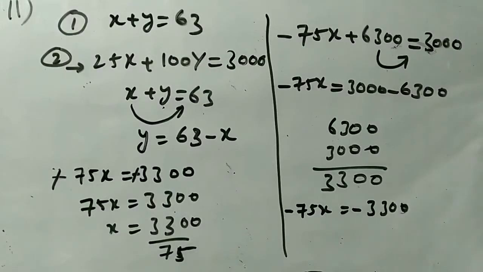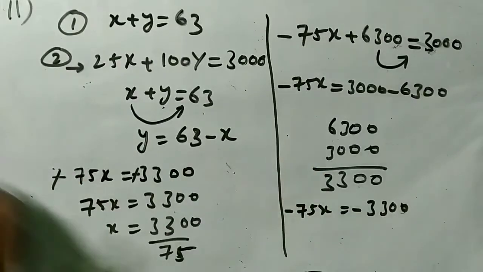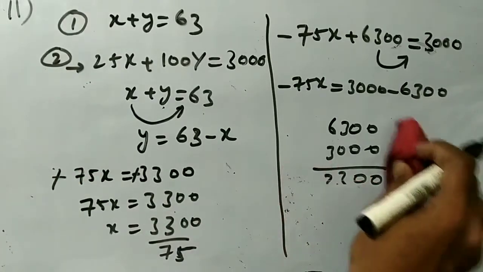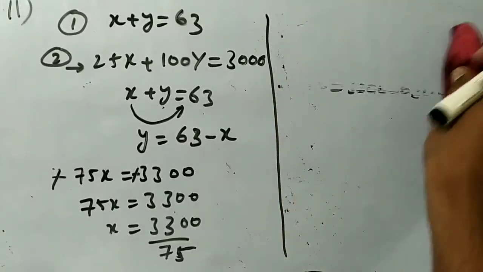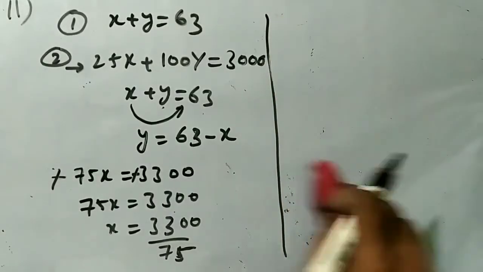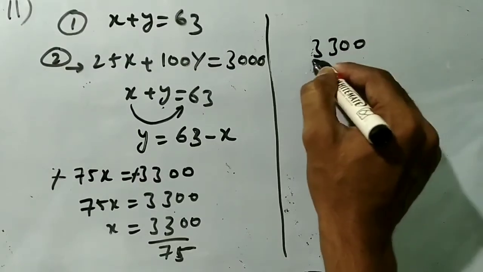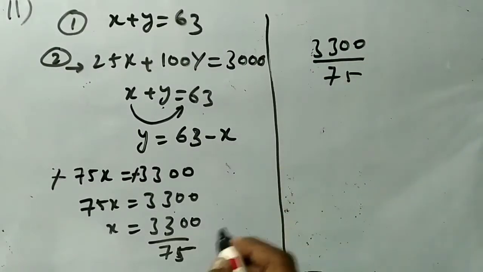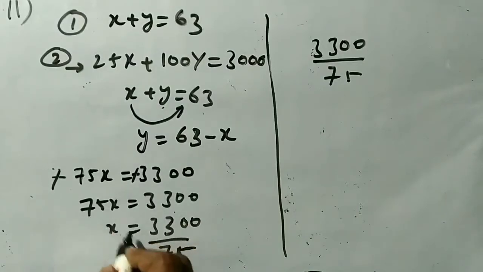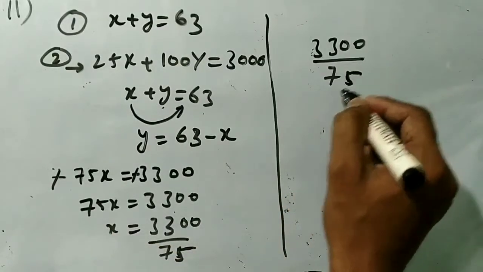When the 75 goes to the RHS, it becomes division. Let's take 5 ones are 5.